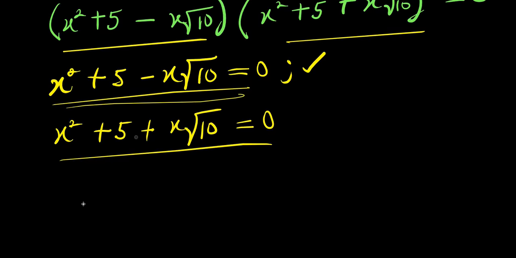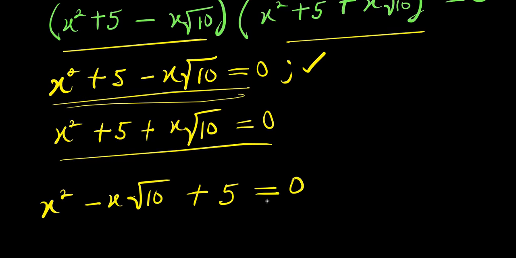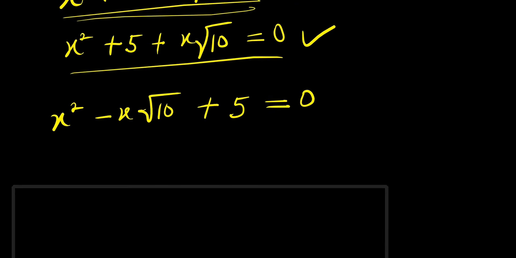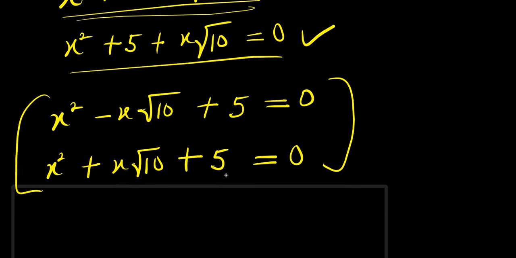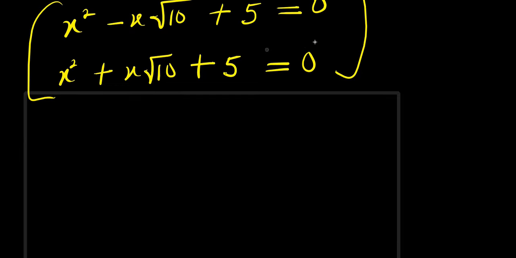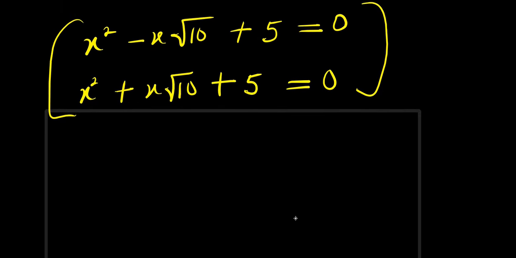To solve this, I will rearrange: x squared minus x times root 10 plus 5 equals 0. And I'll also rearrange this: x squared plus x times root 10 plus 5 equals 0. These are the two equations that we are going to solve. So let's start with the first one here.